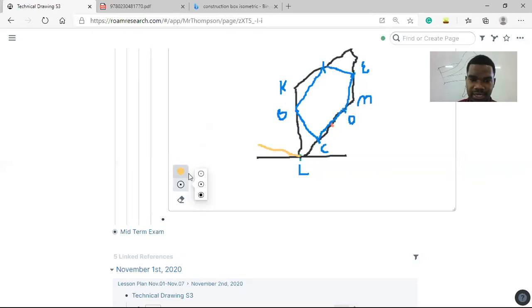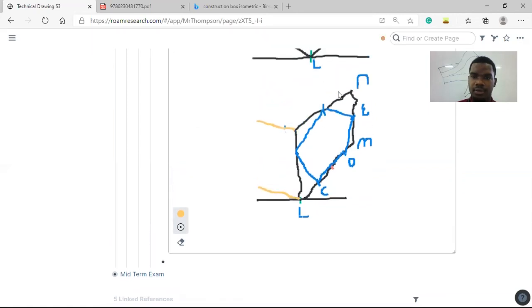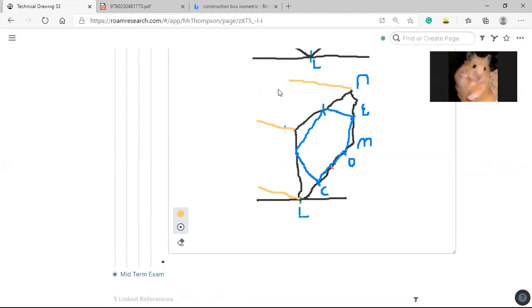So I'm going to erase the letters a little bit just to find some space, but you should still have them in your book. Here we go. Okay, add back here. So what's the distance of this yellow line again? If we're making the same 70.